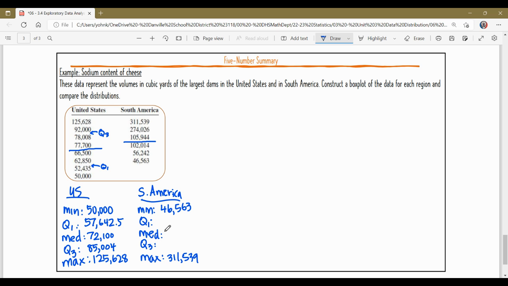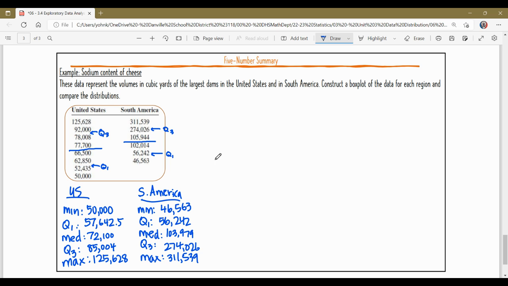If we add those two and divide by 2, 103,979. My Q1, ooh, these are really easy because there's an odd number of numbers. My Q1 and my Q3 are easy to spot. No calculation necessary. So my Q1 is 56,242 and my Q3 is 274,026.